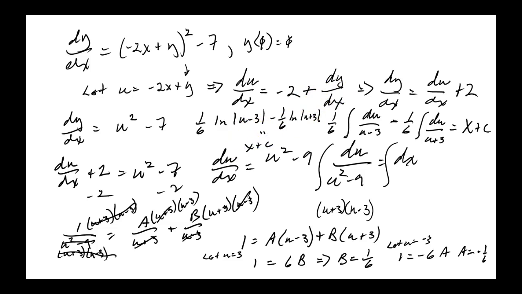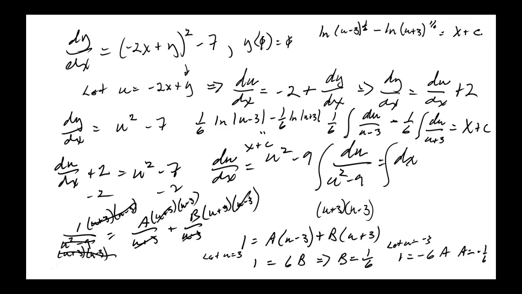I may want to change that a little bit. So let's rewrite this as the log of, and they usually drop the absolute values here, and I don't really know why, but they usually do, u minus 3 to the 1/6 power, minus the log of u plus 3 to the 1/6 power, and that's equal to x plus c.